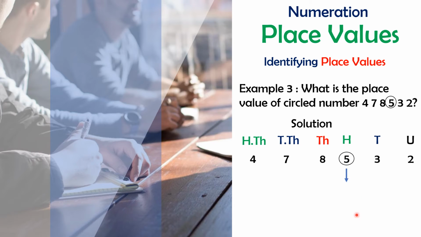So the place value of 5 is 500. That's good. Let's proceed.